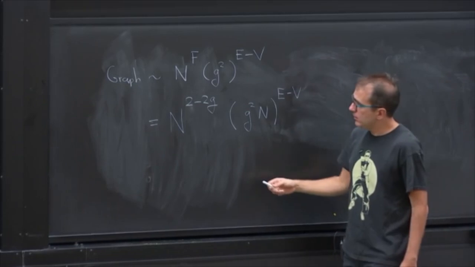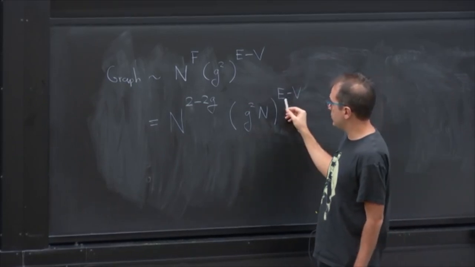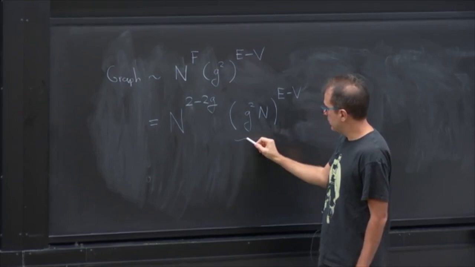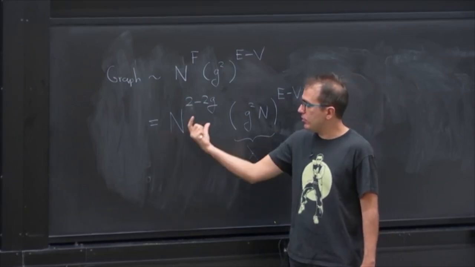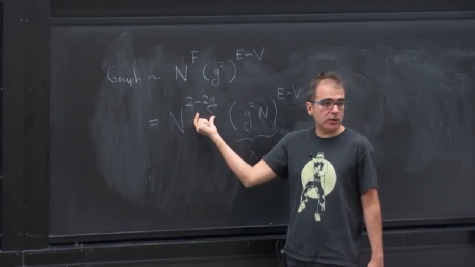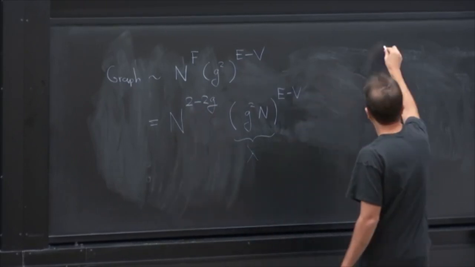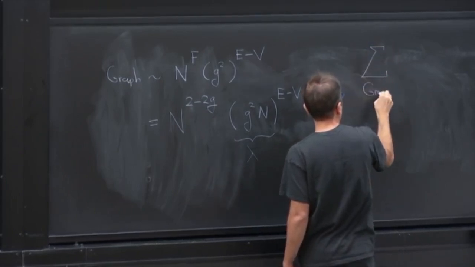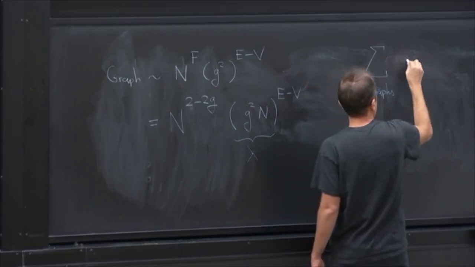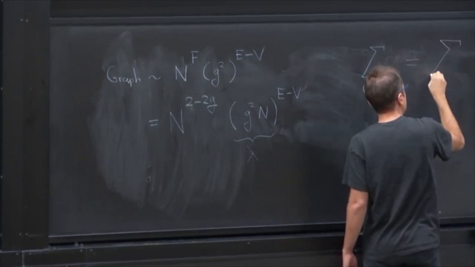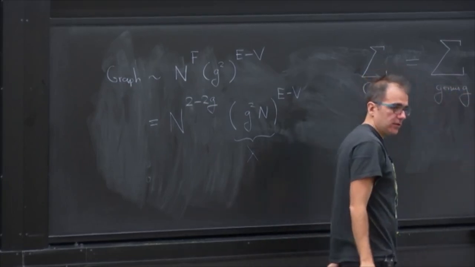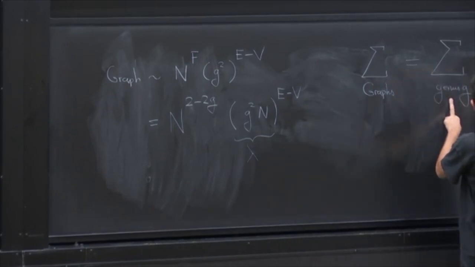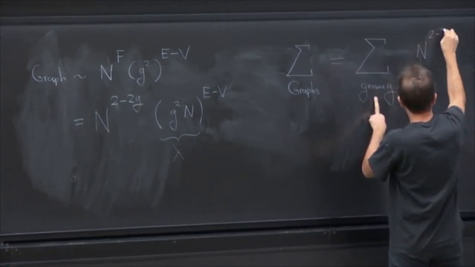What's crucial is that you see a graph that has some edges and some vertices. This is just the 't Hooft coupling lambda that is held fixed. All graphs of the same topology come with the same factor of n in front. That's exactly what we had observed: all planar graphs are proportional to n squared. So if I sum over all graphs, I can write this as a summation over the genus G. Each genus G gives me some factor of n to the 2 minus 2g.